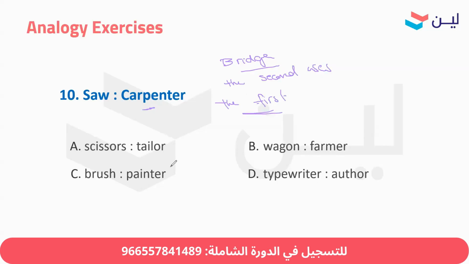Well, some would say A, others would say C. So we all agree that it's neither B nor D. Wagon to farmer, yes, we use the wagon. It could be, but we have a more accurate one here. Typewriter to author. What do we do in this case? Now, actually, the tailor uses scissors and the painter uses brush.